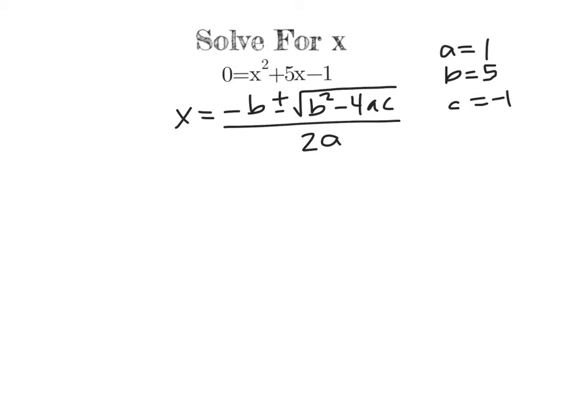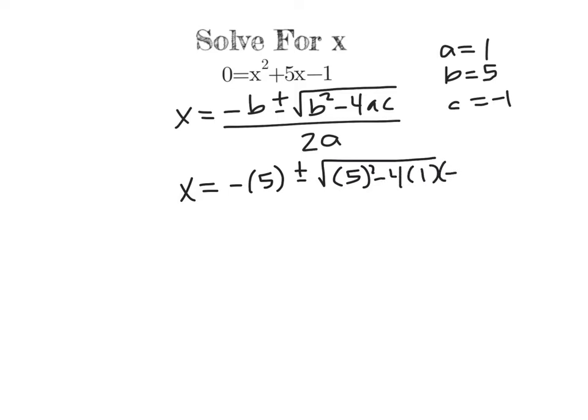Now all I'm going to do here to solve for x is substitute a, b, and c into this formula and then simplify the work. So I get x equals negative b. I'm going to put everything in parentheses, plus or minus the square root of b squared minus 4 times a times c.